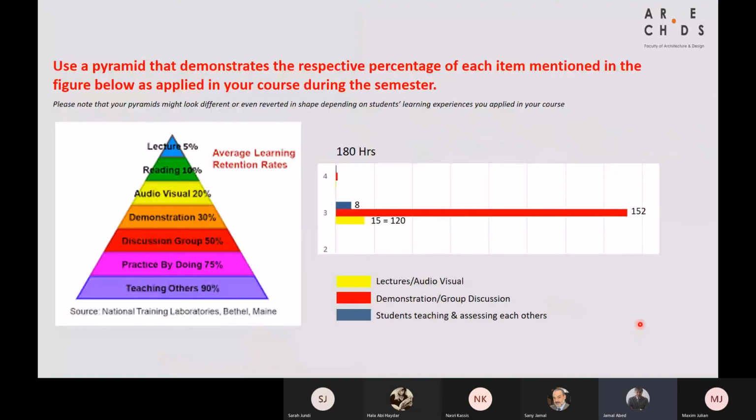I'm not accounting for the practice by doing, because we couldn't really measure how much the students have put into the work. However, with the 15 hours of lecture sessions, the audiovisual with the lecture, that was equivalent to 120 hours of work and preparation for that.